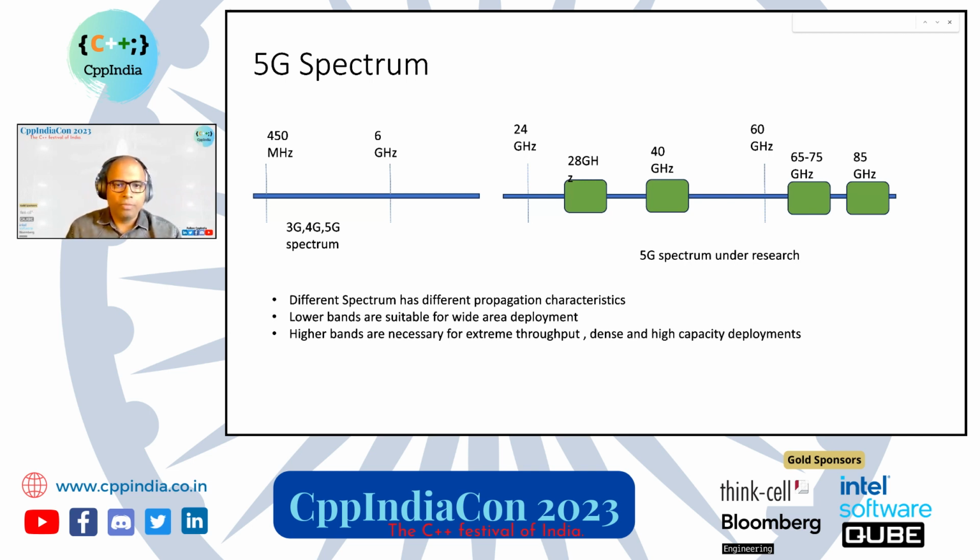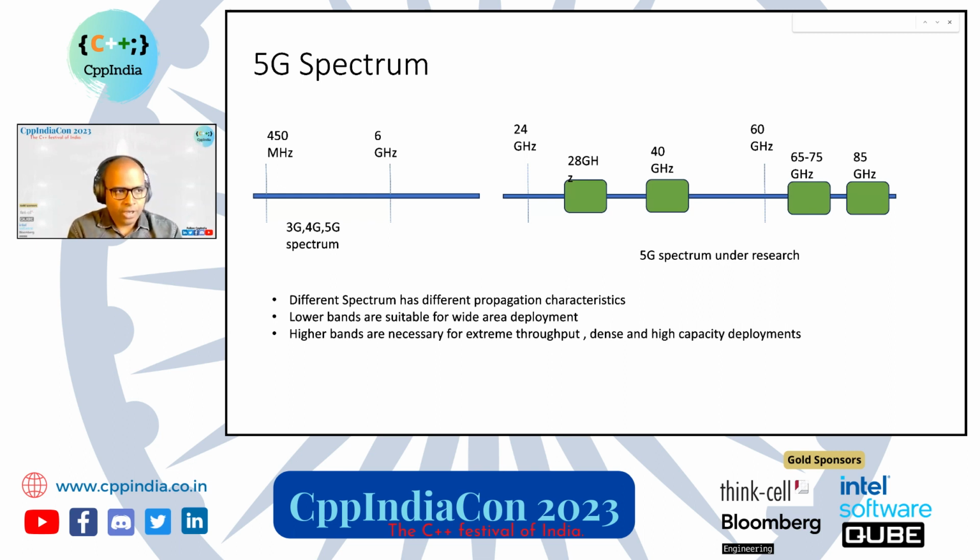These spectral bands are typically about 24 gigahertz, and the band which is particularly of interest is around 28 gigahertz. If I'm not mistaken, some deployments have already happened in this band in countries like Korea.